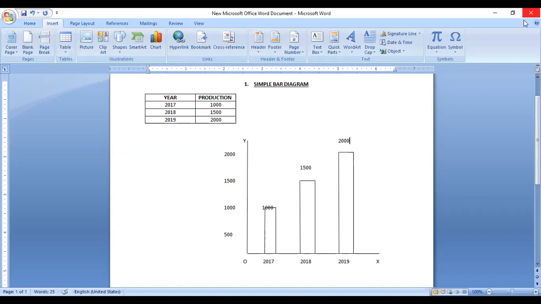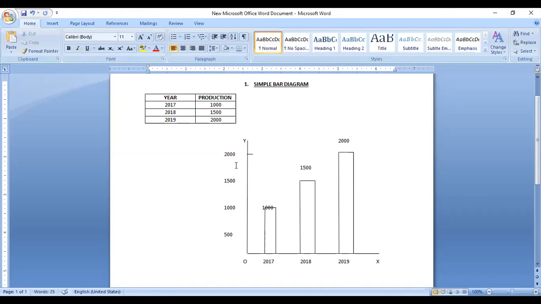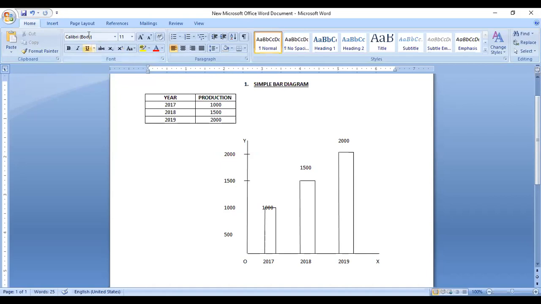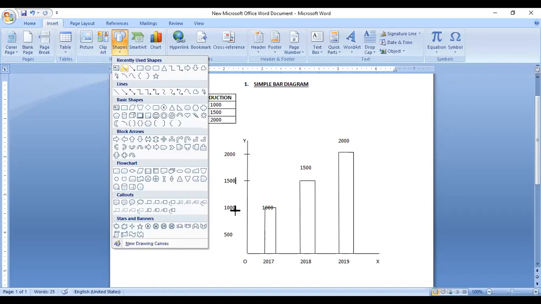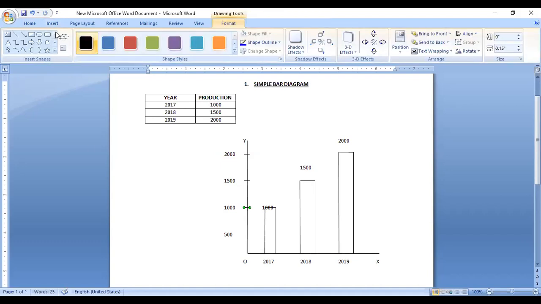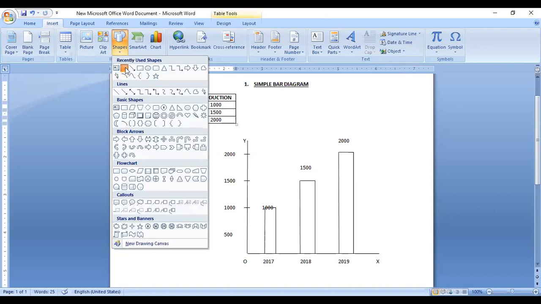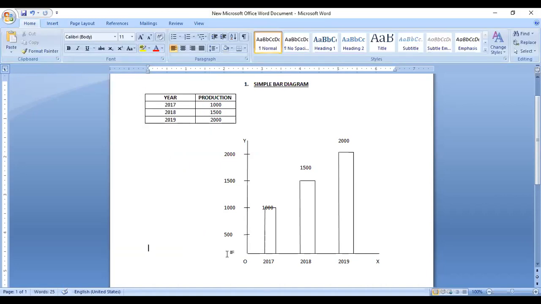Okay, so this is about simple bar diagram.